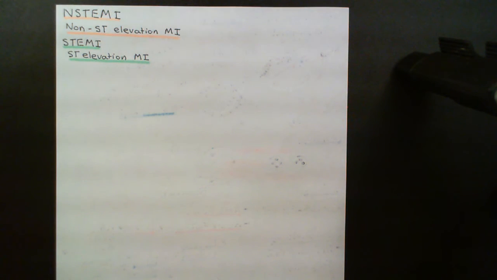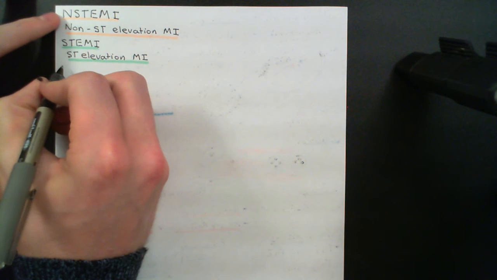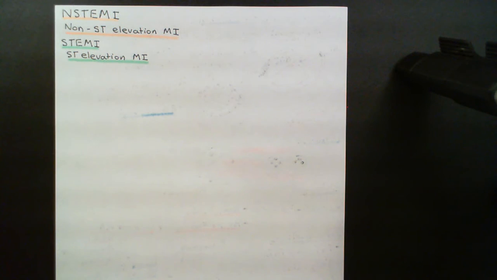Now, to understand this, we're going to need to have a good understanding of how the normal ECG works. So I do just want to begin with a little bit of a recap on how the normal 12-lead ECG actually works. The basic principle of an ECG, or an electrocardiogram, is that you are going to place two electrodes on the body.